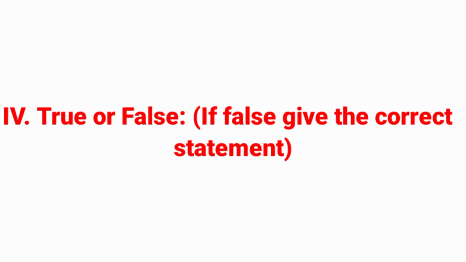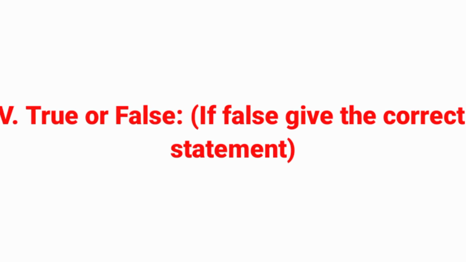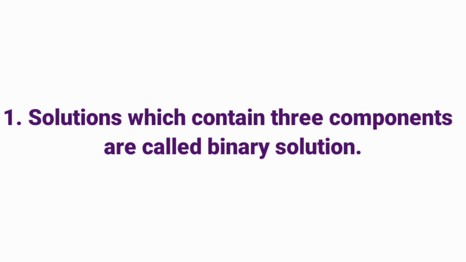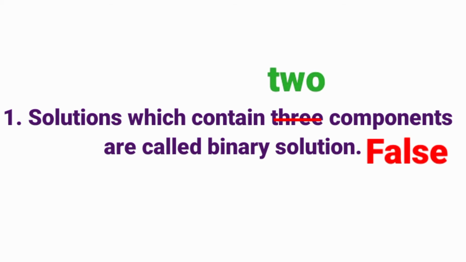True or false? If false, give the correct statement. Solutions which contain three components are called binary solution. Not three, two components. So answer: false. Correct statement is solutions which contain two components are called binary solution.